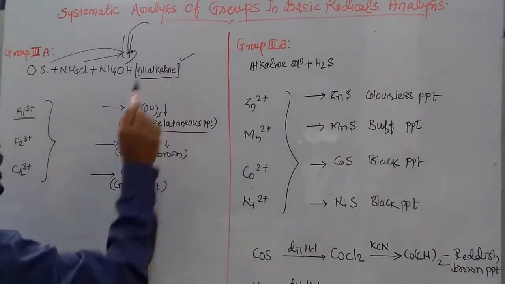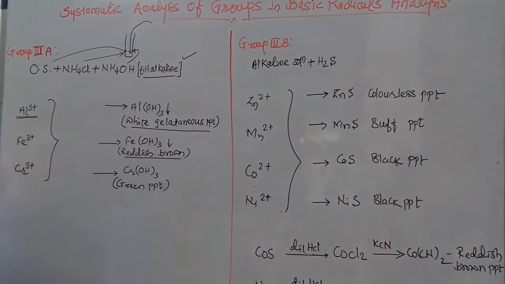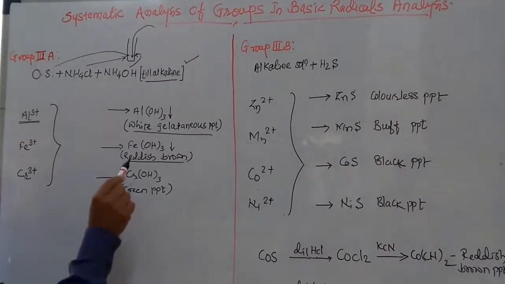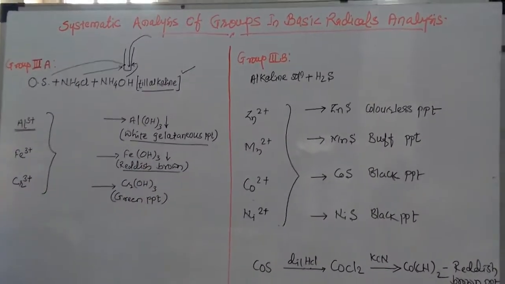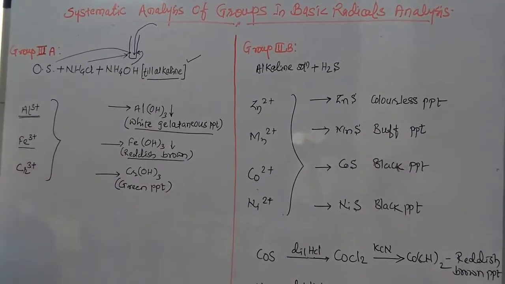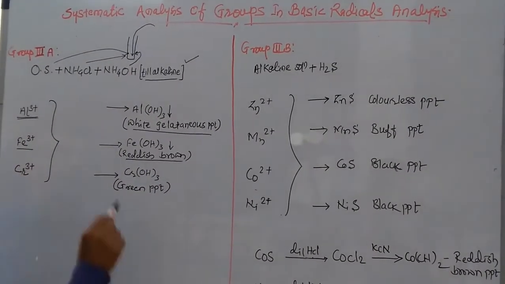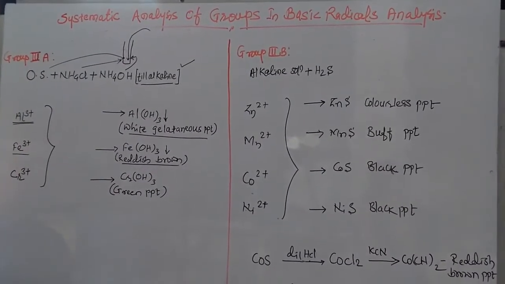If in the alkaline solution there is a formation of reddish brown precipitate, and this precipitate is of Fe(OH)3, it indicates the presence of Fe3+ ions in the original solution of the given mixture.